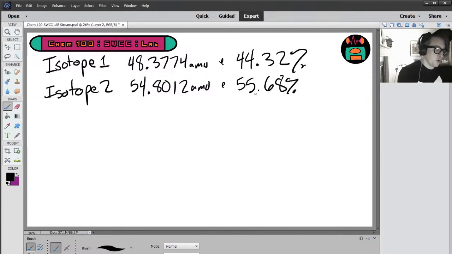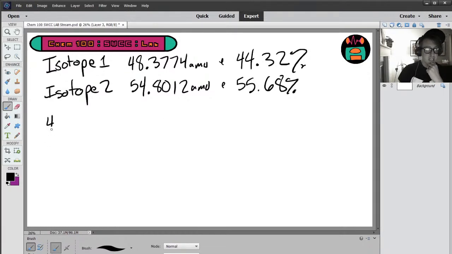And here's how you'd go about solving a problem that's asking for this. Like we talked about in lecture, it's not enough to take an average of these two. We have to take a weighted average. To do that, we need to multiply each isotopic mass by its percent abundance as a decimal, and then add those two together.